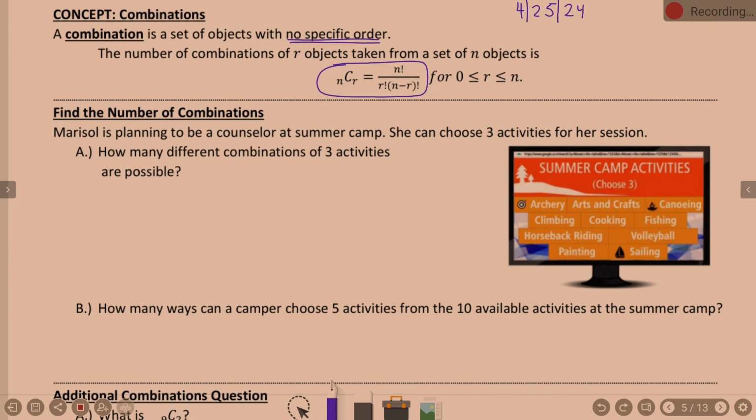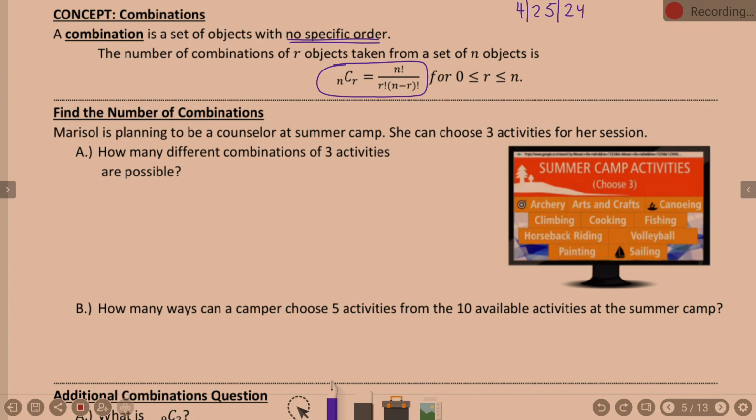On bottom, though, there's an r factorial in front of the (n minus r) factorial. So similar, you have to add a little piece. Now, we're going to practice using this formula, and then I will eventually show calculator buttons when we get to doing some probability. But again, as I said, I'm not against you using the calculators, but you also have to know how to set up these permutations and combinations.